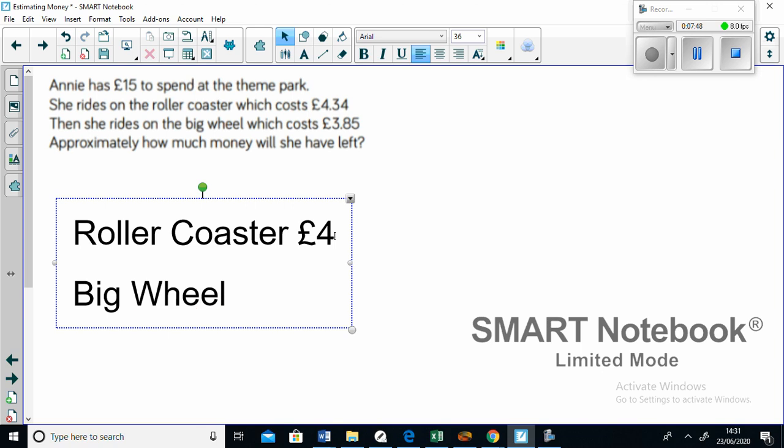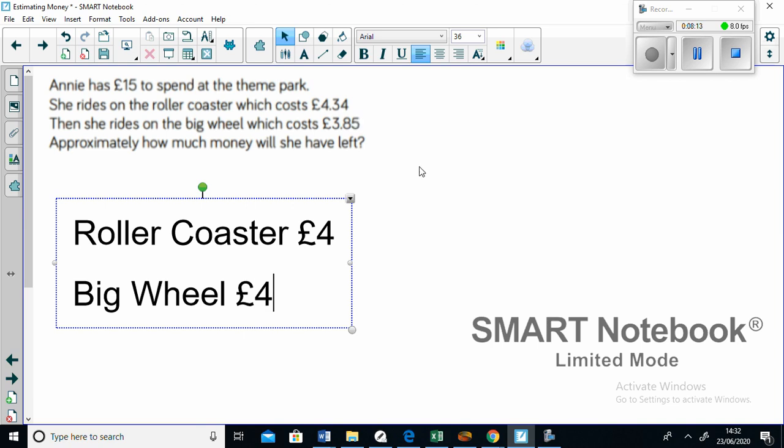Now, £3.85. Am I going to round that down to £3 or up to £4? Well, that 85p is bigger than that 50p halfway marker. 85 is much closer to 100 than it is to 0. Therefore, £3.85 I would round up to £4.